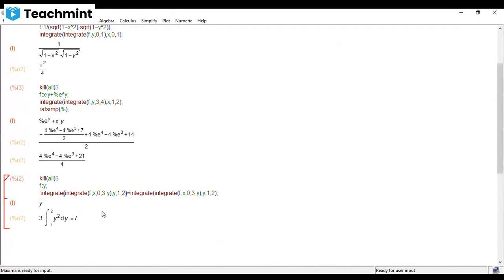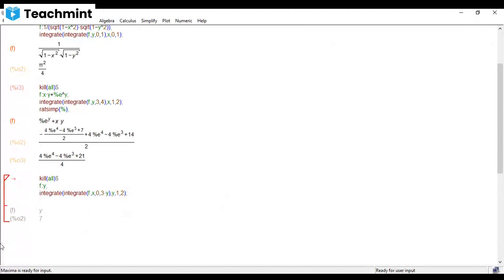Integrate of this. This is evaluating, so I'm helpless. I can't do with that. So this is the answer.